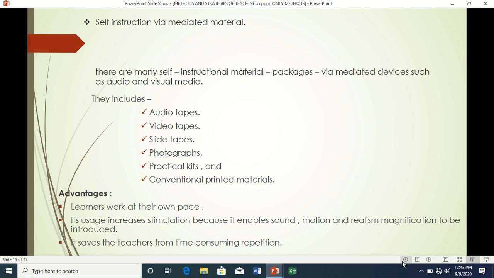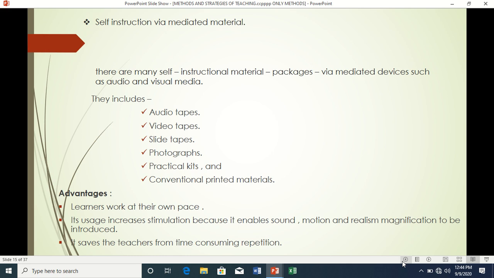It brings a real situation, a simulated classroom situation, before the student, because it enables sound on one side, motion on another, and then there's realism, because in the actual classroom situation, the teacher is not static. So sound, sight, and motion combined together make it a real situation for the student to look at and study.